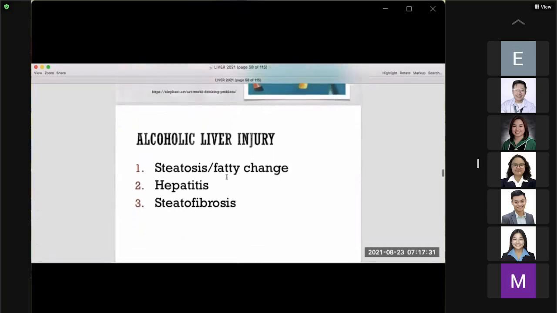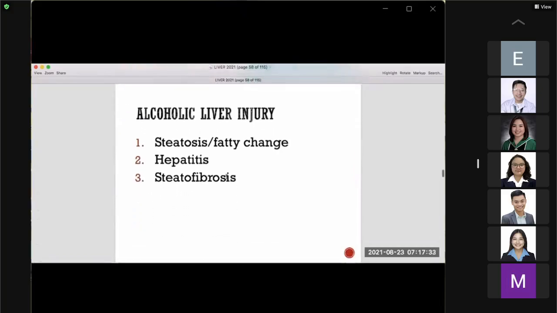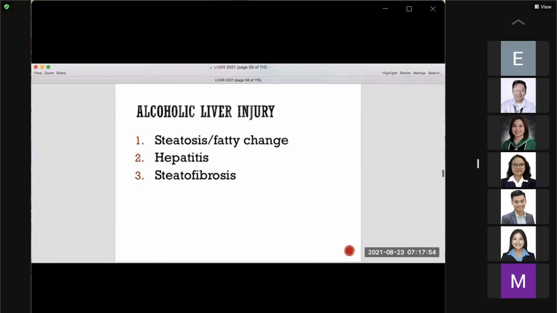Alcoholic liver injury takes three forms. We have the steatosis or the fatty change. There can also be alcoholic hepatitis and steatofibrosis, a combination of fatty change with the presence of fibrosis as well.